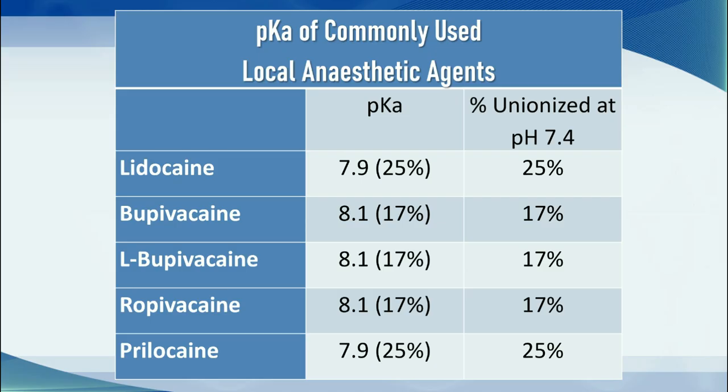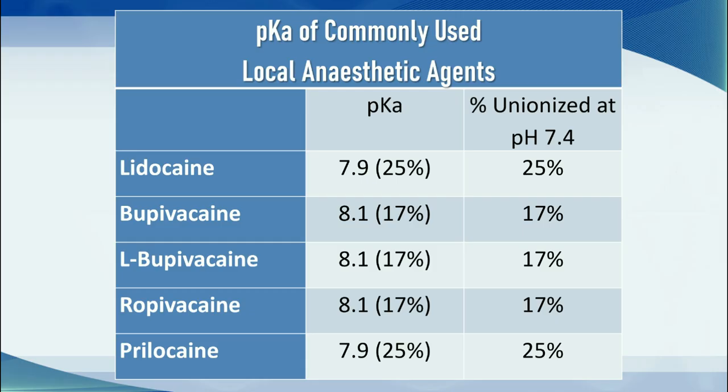Returning to this chart, I have now put a second column in that represents the percentage of drug that is unionized at 7.4. Remember, the closer the pKa is to the pH, the higher the percentage unionized. Lidocaine and prilocaine with pKa's of 7.9 are 25% unionized versus bupivacaine, which, as we have seen, is 17% unionized.